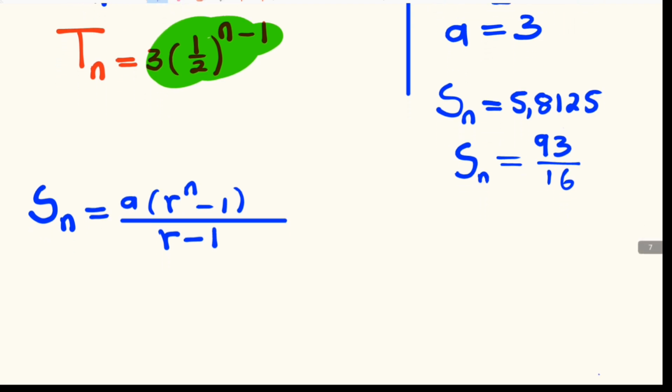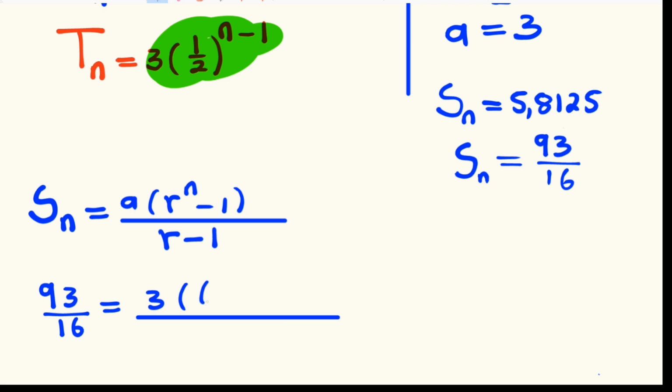From here, we are at liberty to substitute, and in the place of the Sn, we are going to substitute 93 divided by 16, and in the place of the a, we substitute 3, and this will be multiplied by r, and in the place of the r, we have 1 over 2 or 0,5. We have to determine n. Our r, we substitute 0,5 in the denominator, or 1 over 2.